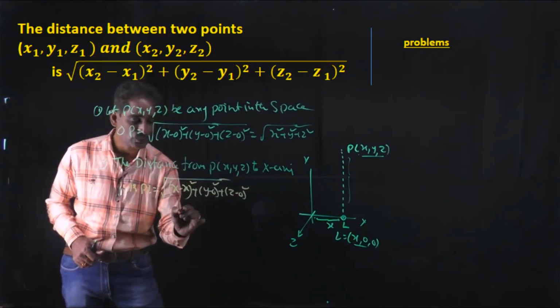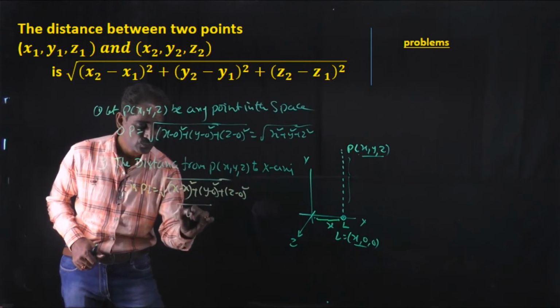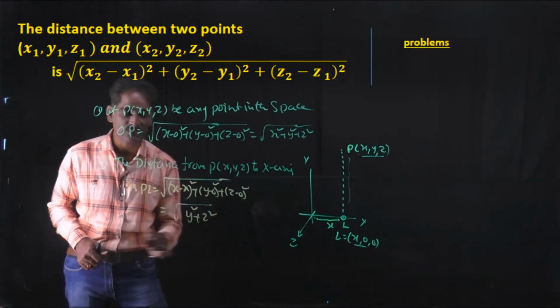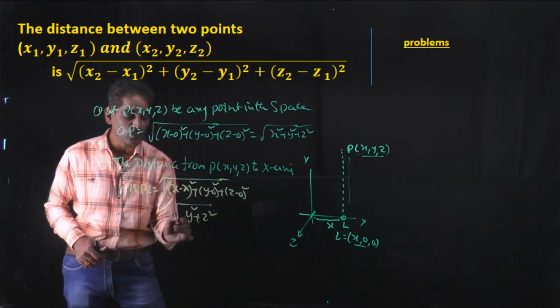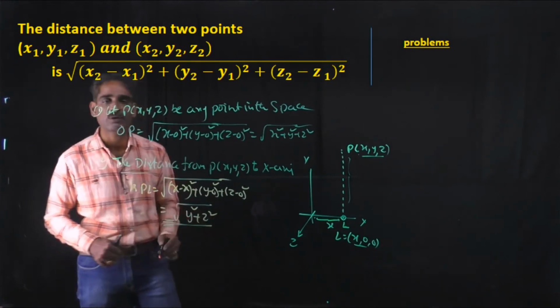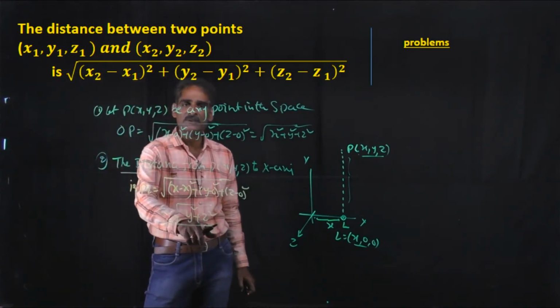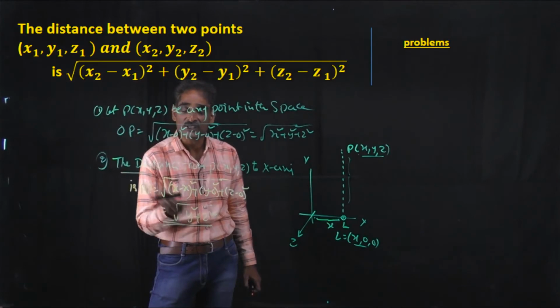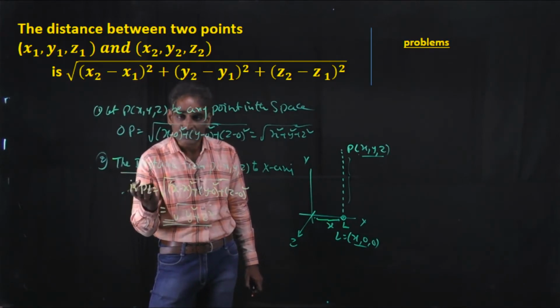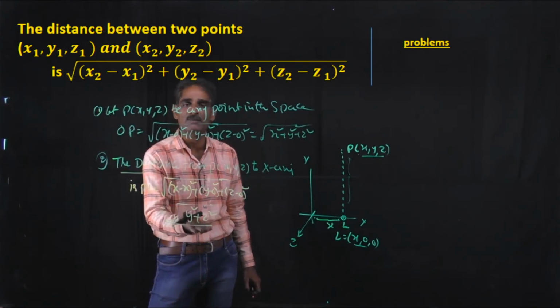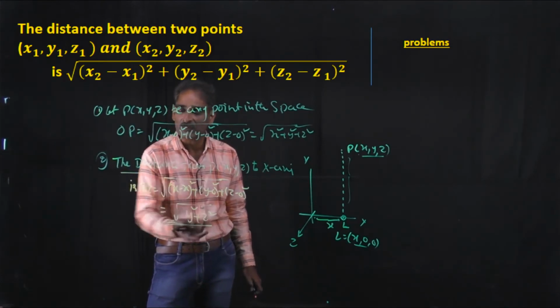That is equal to root of y square plus z square. This is the formula: root of y square plus z square. There is no x term.